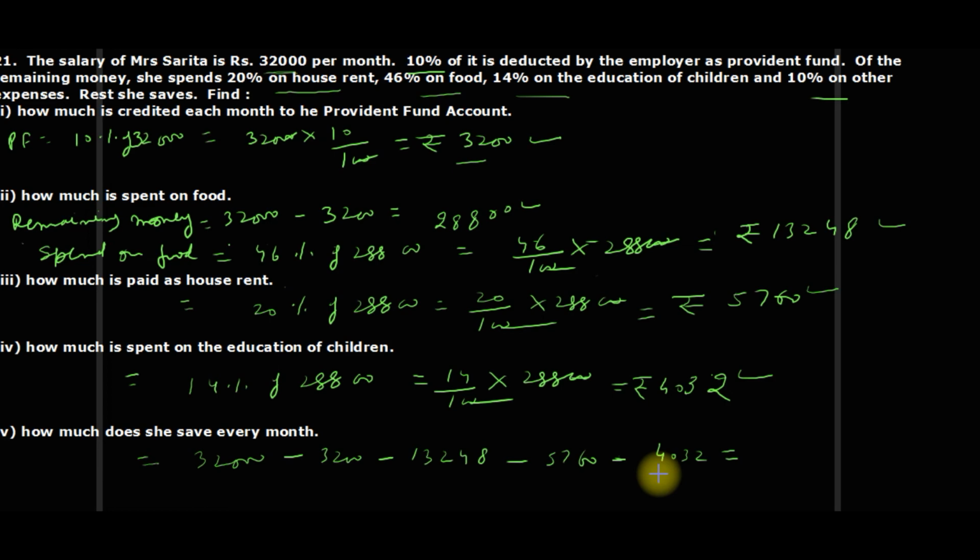So this would come out to be, what would it come, children? Minus 3200 minus 13248 minus 5760 minus 4032.